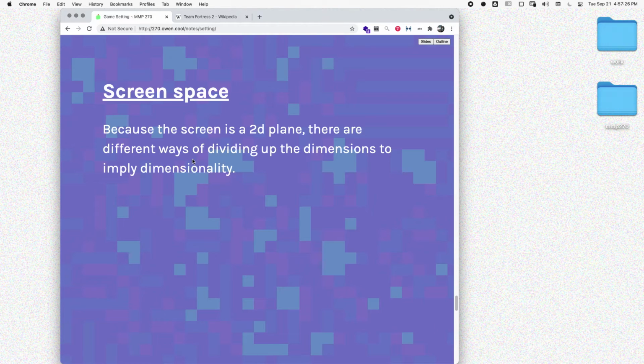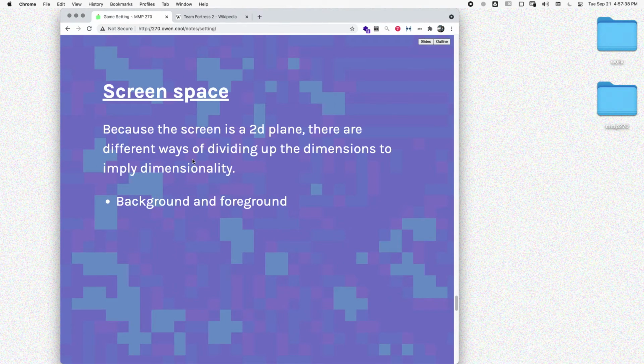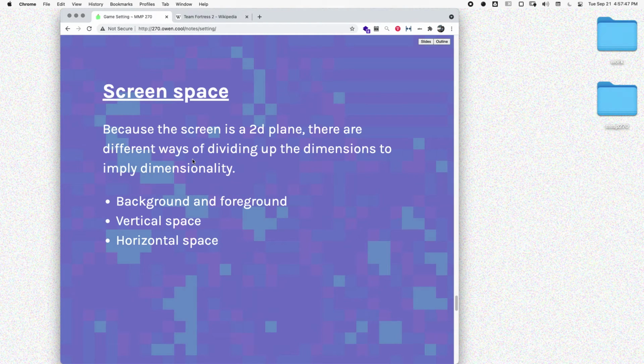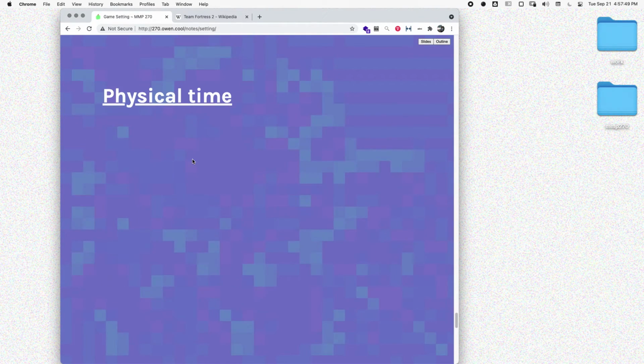So we have to think about how to break it up: is the top the sky and the bottom the floor, or do we represent it from a top-down perspective? These are different things that are informed by the setting. Having a background and foreground, working with vertical space, having different parts of the screen represent different areas, and horizontal space.